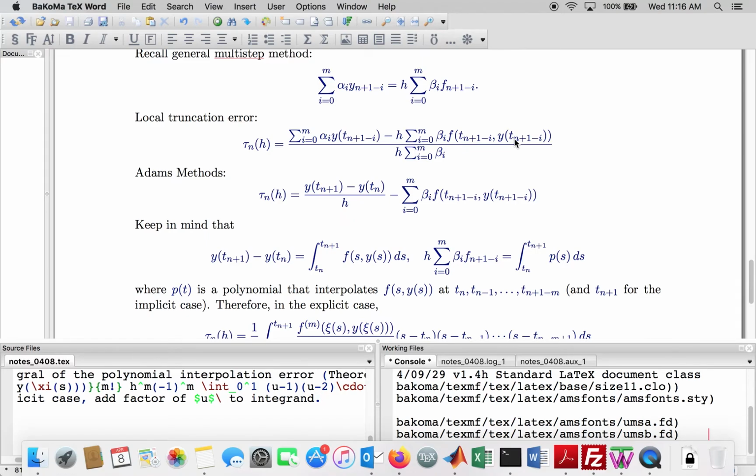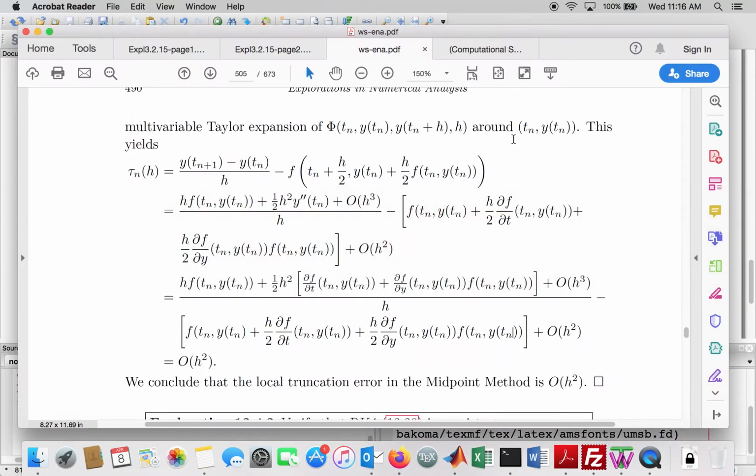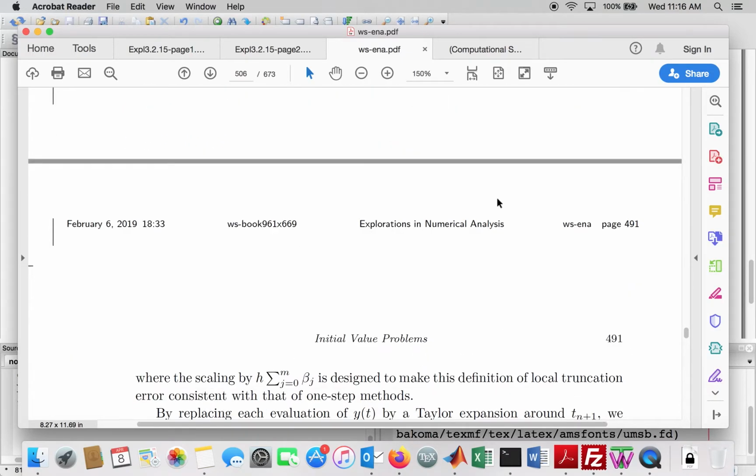So, if we simplify as much as we can, I'll show you what happens. It'll take too long to type out, but it's here in the text.